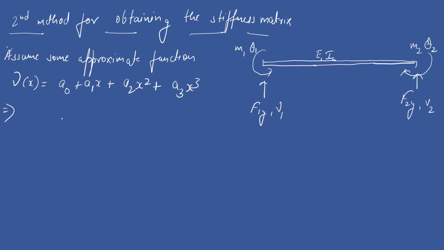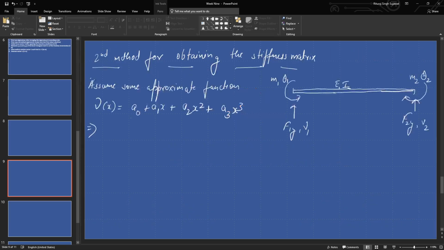Once you have this, you can assume the approximate function, and then one by one we'll use the boundary conditions and obtain the coefficients of this relation. Let me show you.